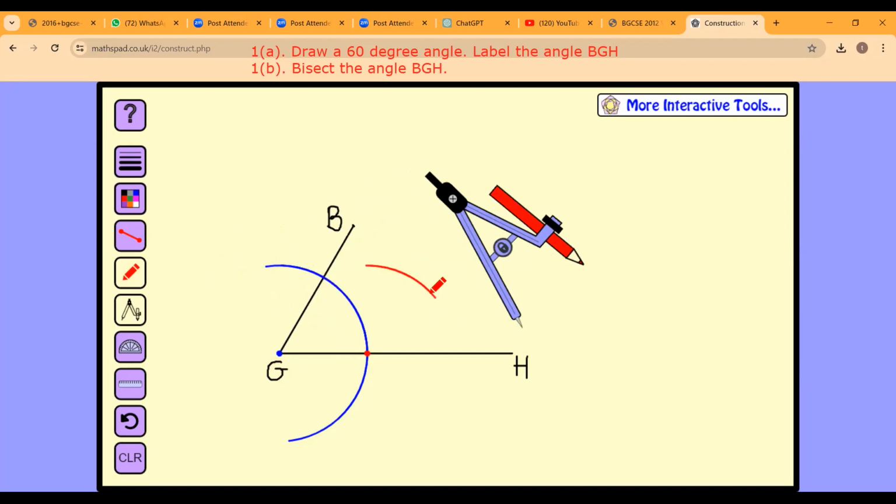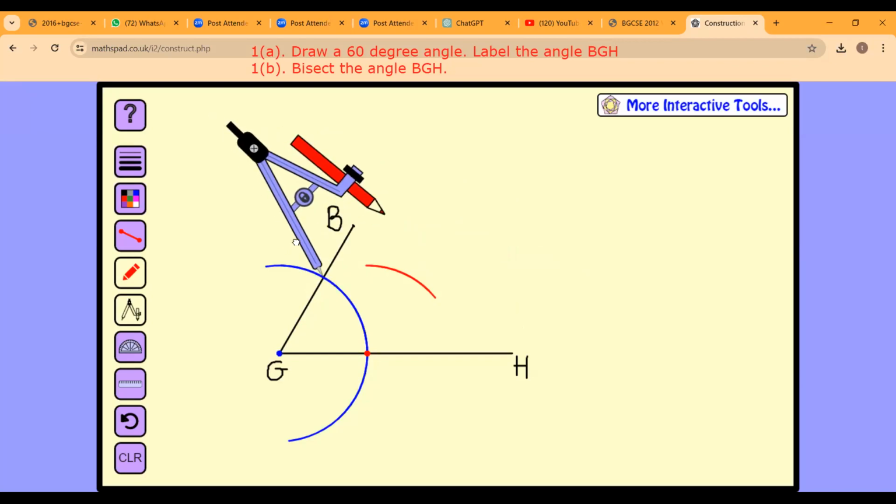Now that we have drawn the second arc, we need to draw the third arc. Its starting point is going to be right here, where the first line segment and the arc intersect. So we put the compass point right there, and then we draw a next arc.